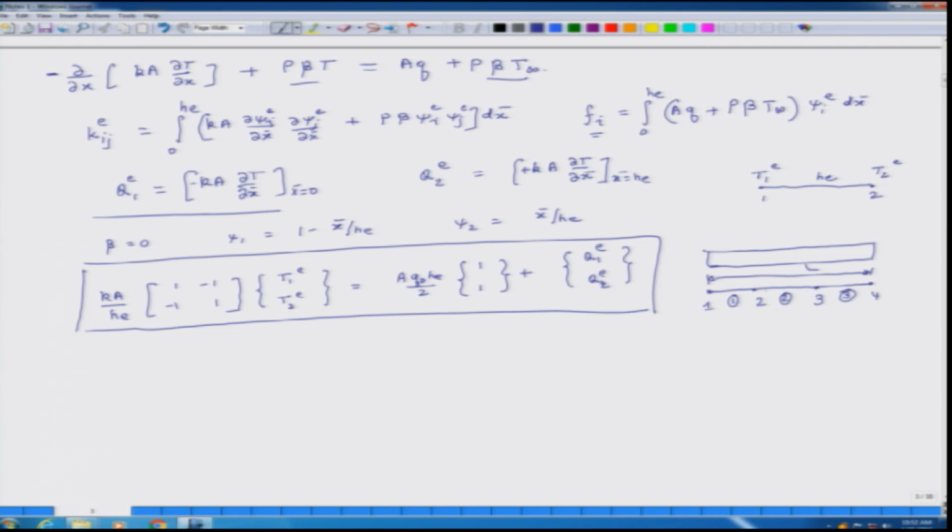So, I eliminate 2 variables from there, and I also know that whatever is the source term, whatever is the heat generated. So, suppose let us say, this is my first element and this is the second element, and in reality these 2 elements are sticking at this point, right.